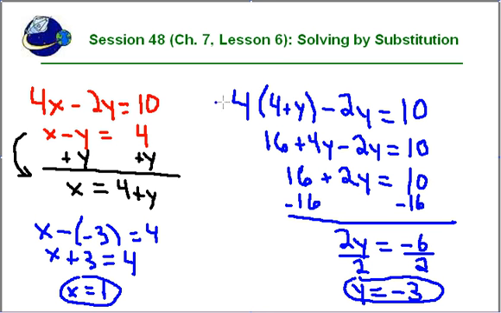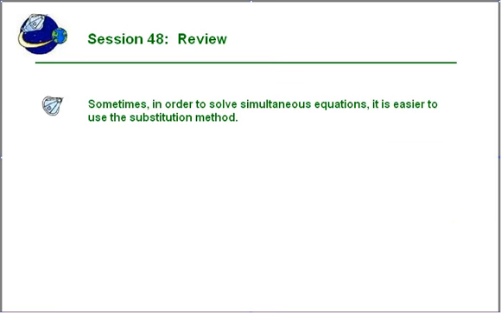Once we substitute it back in, we then solve that equation for the remaining variable. And then once we get the value for that remaining variable, we plug that back into one of the equations to find out what the other remaining variable is. That then is a quick overlook of substitution to solve simultaneous equations.